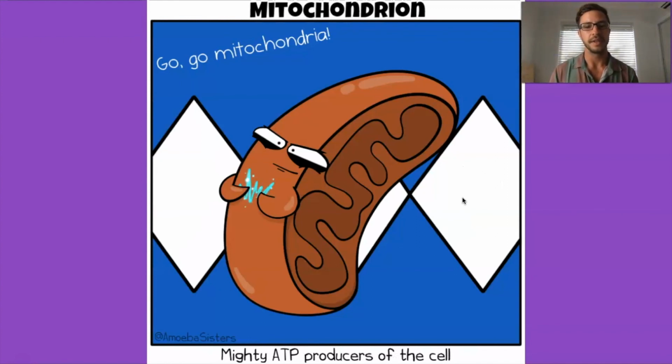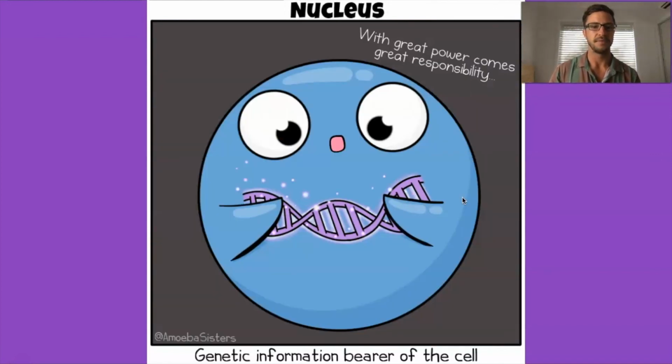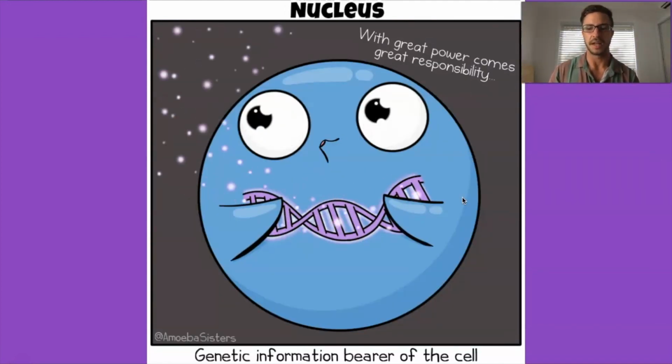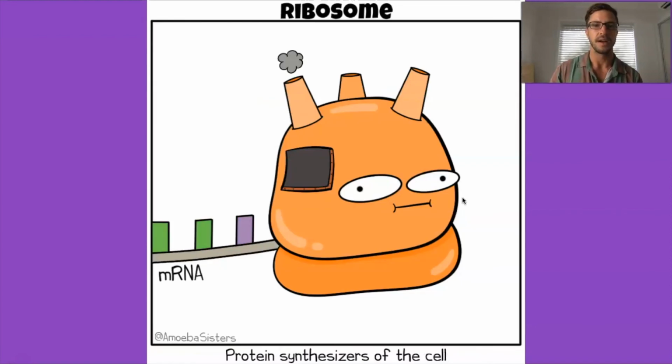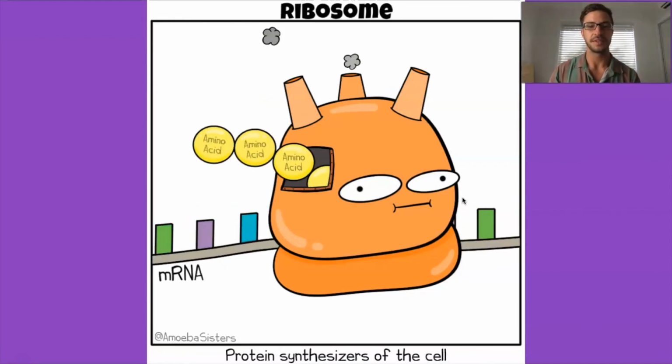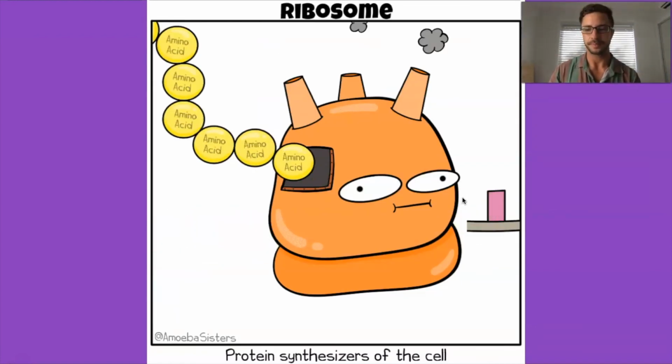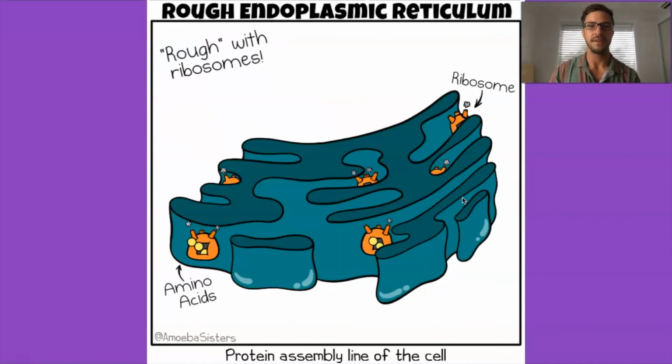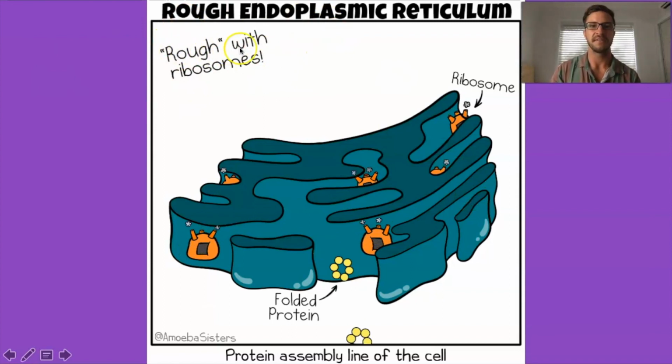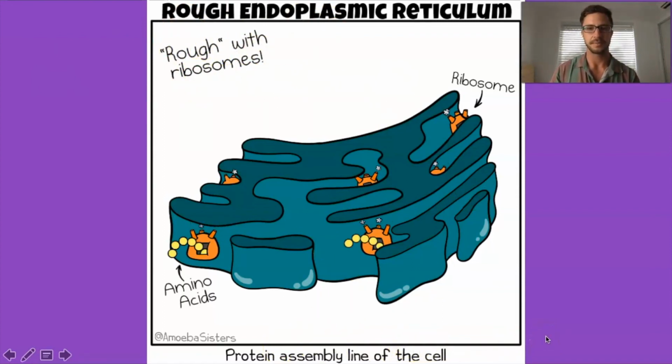The mitochondrion is the mighty ATP producer of the cell. Then we have the nucleus, which contains all the genetic material. We have ribosomes, which produce proteins. We have the rough endoplasmic reticulum, rough because it contains ribosomes, and it is the protein assembly line of the cell.